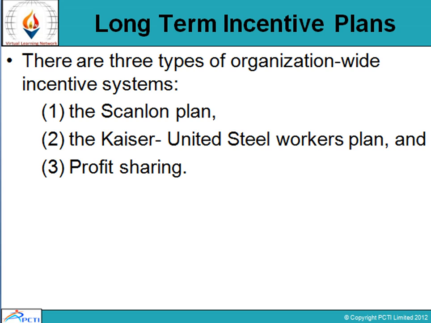Now by providing jobs or income security. Now this basic plan is basically characterized by guaranteed employment to workers against any technological unemployment or sharing of the gains resulting from cost reduction, right?